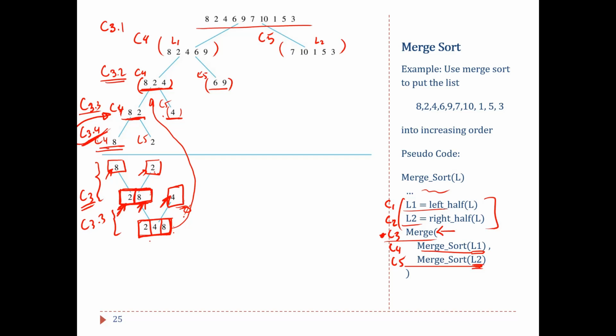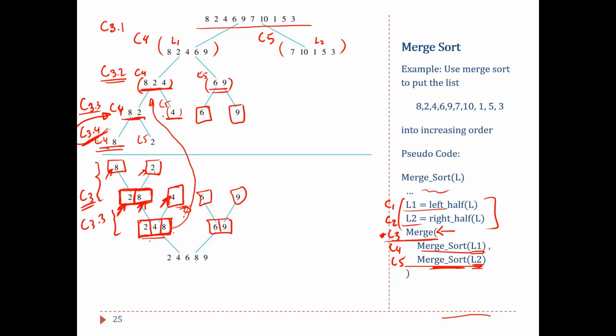We cannot merge this list 2, 4, 8 with 6, 9 because we have to call merge sort over 6, 9 first. So in the same way, we call merge sort, which would split this into two values, and they can be actually very easily merged together. So we compare them and we put the smallest value at the beginning and then the next one.